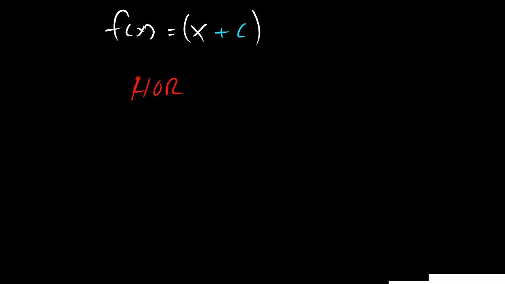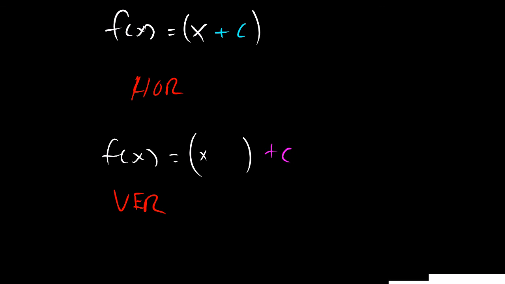If I have a function and my quantity, whatever my x is doing on the inside, and I have some number that's being added or subtracted to the outside, this is going to be my vertical shift.